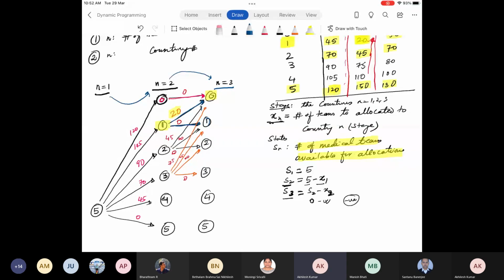Okay, just tell me, at the end of all this allocation, how many teams will I be left with? After you have done all the allocation, how many teams will you be left with? 0. That is your final state, no team, right?